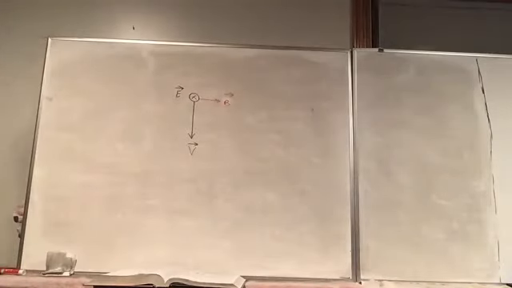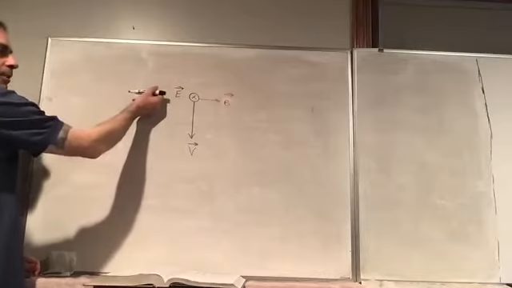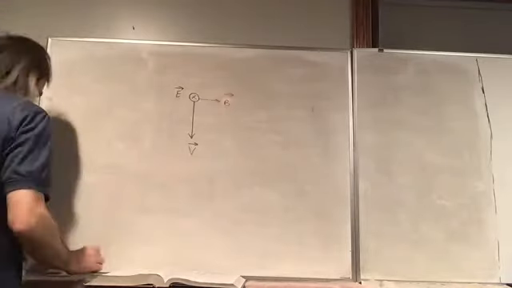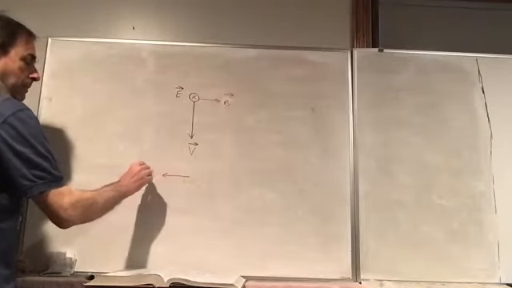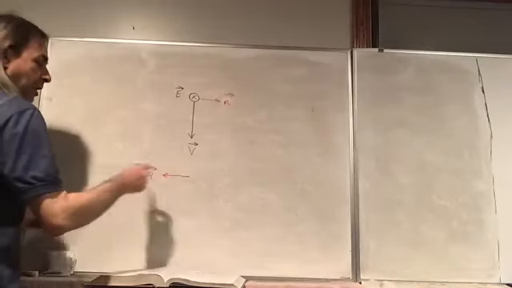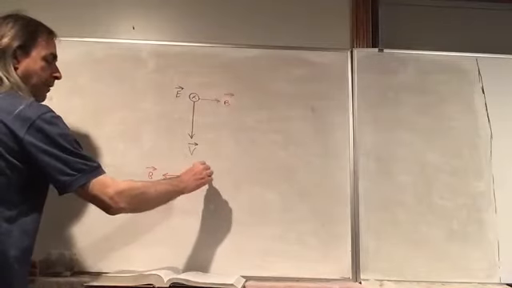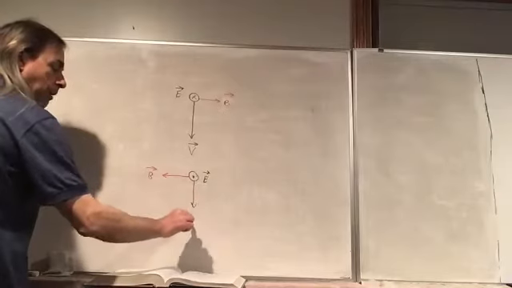Okay. And again, this is just at one moment in time. A short time later, the magnetic field would be pointing in the opposite direction. So, say it moves down a little bit, and now the magnetic field is pointing this way. Now the electric field would be coming out of the board. So if the magnetic field flips directions, the electric field would as well.